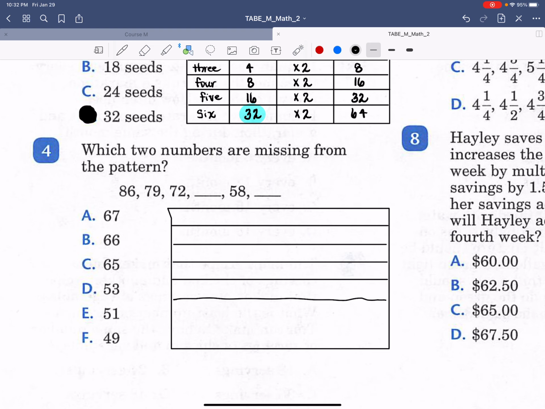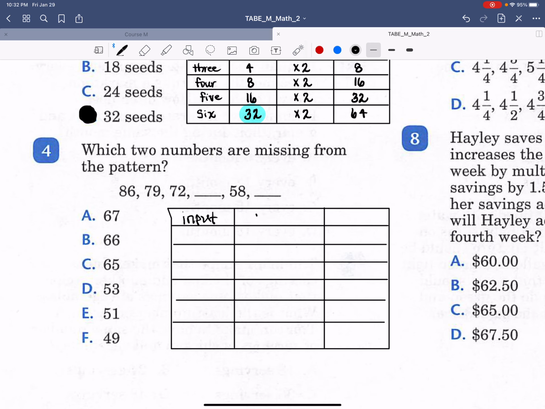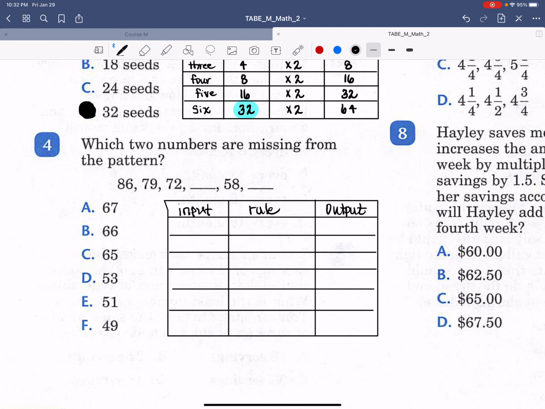This is not a story problem, so I'm just going to make 3 columns for input, rule, and output. Okay, I know when numbers are side by side, like the 86 and the 79, that's an input-output.